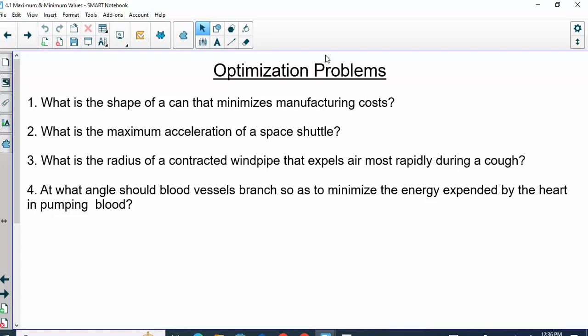If we want to talk about NASA, you want to maximize acceleration. There's medical aspects. You want to look at what radius of a contracted windpipe would expel the air most rapidly during a cough. Angles of blood vessels. There are lots and lots of applications. So this maximization and minimization is kind of why calculus is required for so many different things.